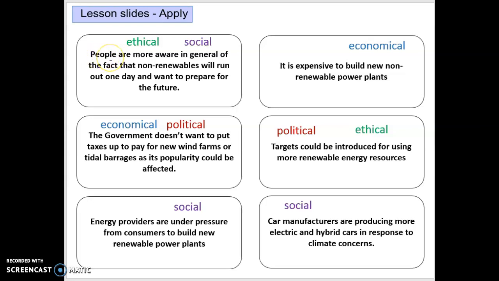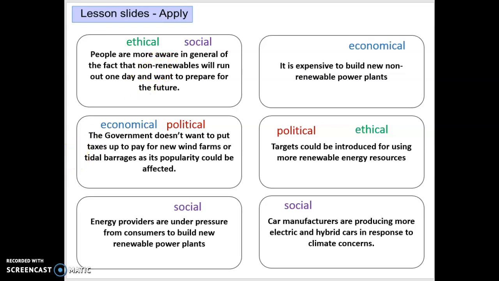If we're more aware of our non-renewables running out and we want to prepare, then as a society we've got to think about that for future generations. And also the fairness of leaving future generations without access to things like crude oil, which is the source of some of our fossil fuel, and thinking about whether that's a fair thing to do.